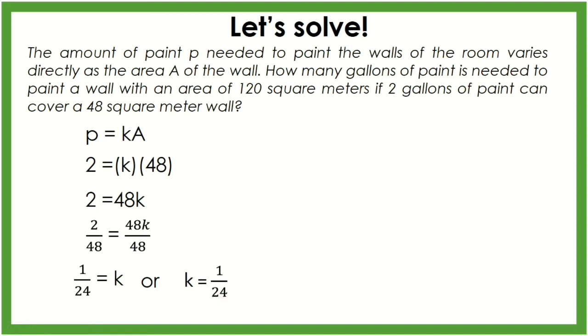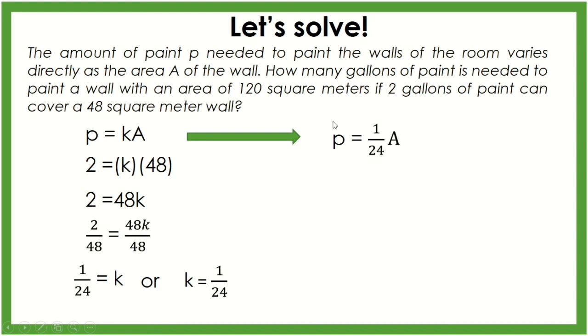That is the value of the constant of variation. So, hindi pa yun yung final answer. Isa-substitute natin yung constant of variation sa ating equation. So, we have now P equals 1 over 24 times A.